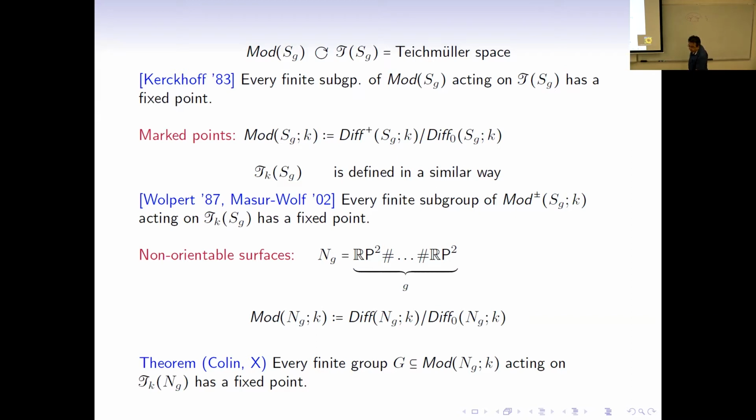Yes, that's exactly right. So you have to compare diffeomorphisms of the non-orientable surface and the orientable double cover, the corresponding mapping class groups, and the Teichmüller space. That's what we have to control.